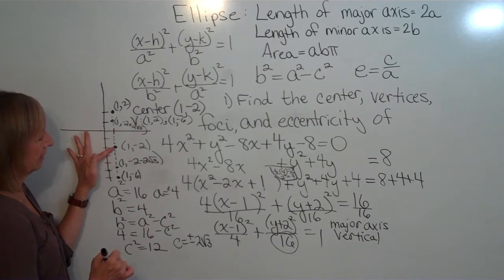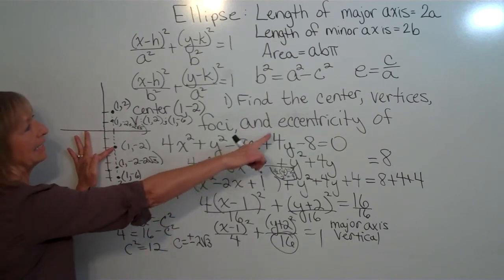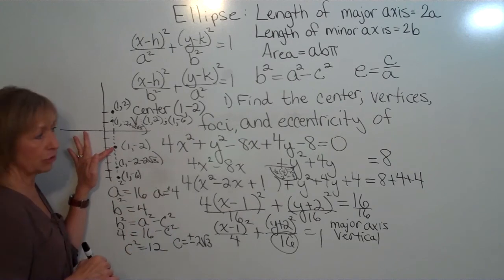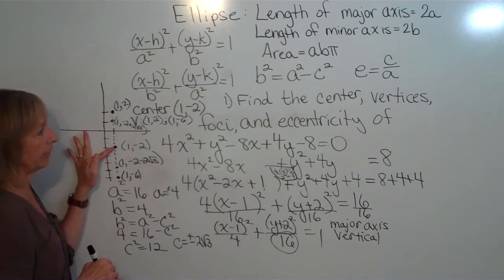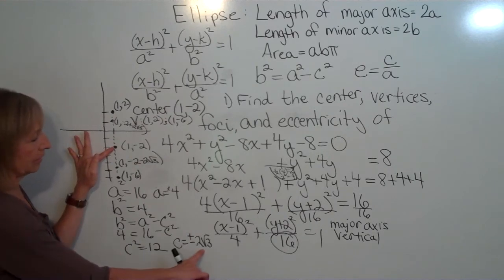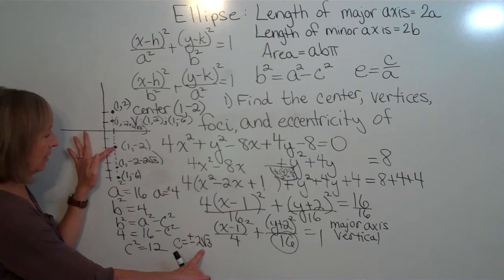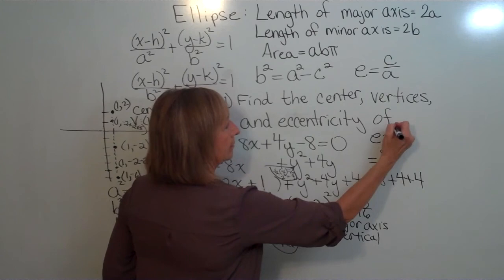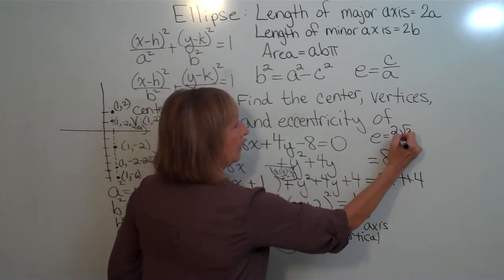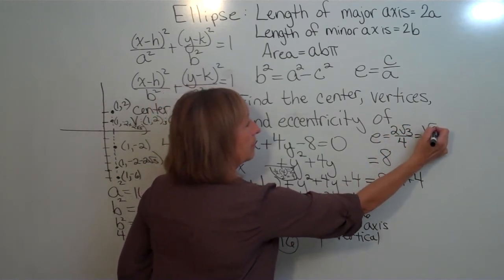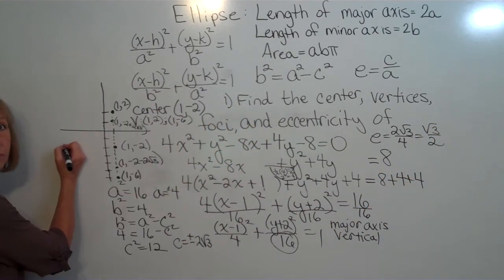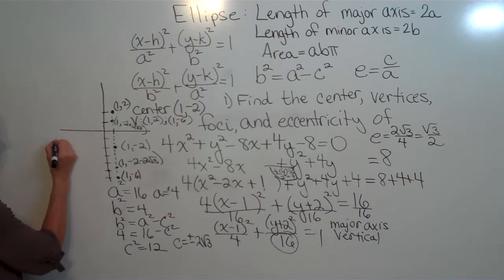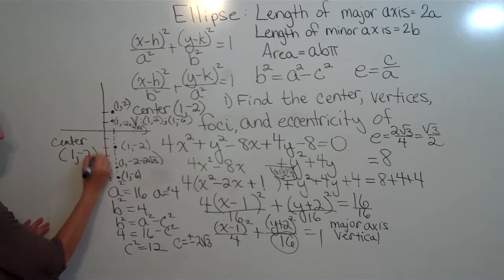For the foci. And then the eccentricity is c over a. So for this example, our eccentricity is 2 square roots of 3 over 4, which will simplify to the square root of 3 over 2. So just to get all the information in one place, the center is at 1, negative 2.